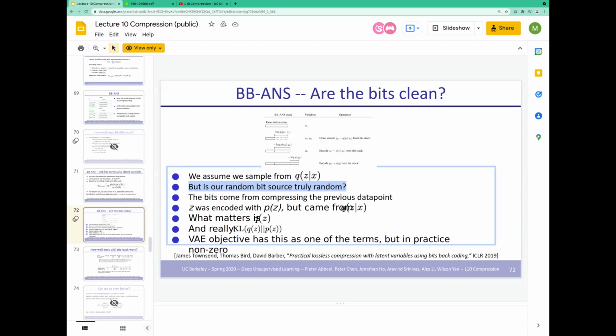Because those bits are from the previous data point, we're reusing the data from it. This is kind of messed up, but in practice, it's fine. That's what they said. But I don't think there really is a theoretical guarantee that it should be fine. It is just okay.